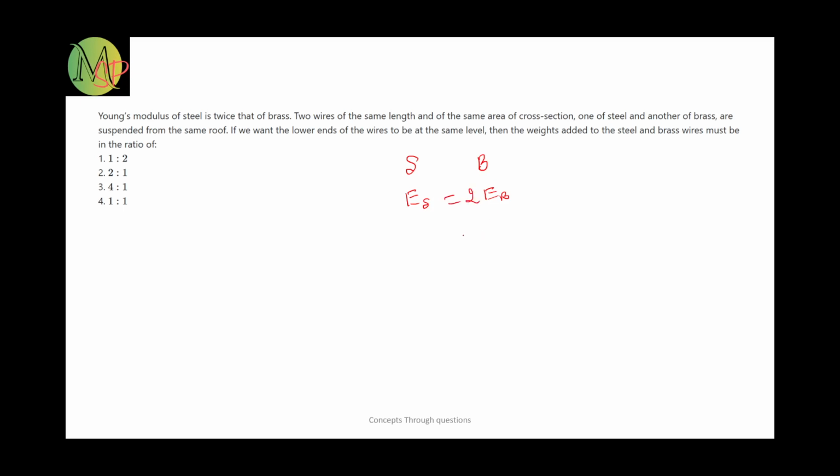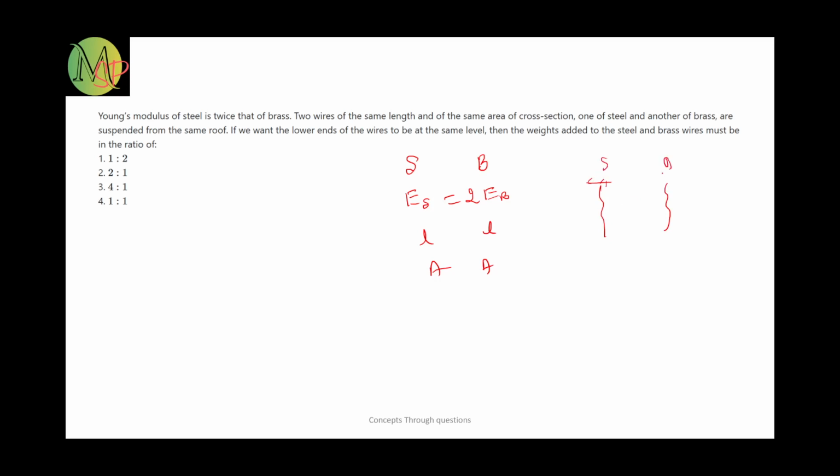Two wires of the same length and the same area of cross section, one of steel and another of brass, are suspended from the same roof.